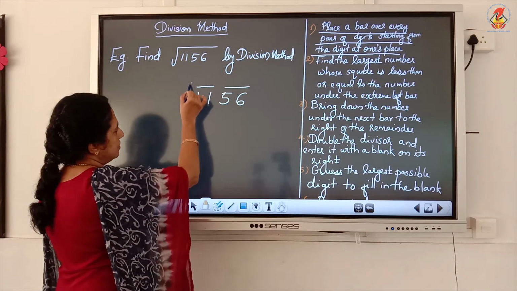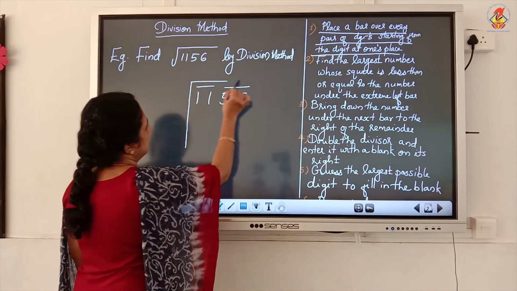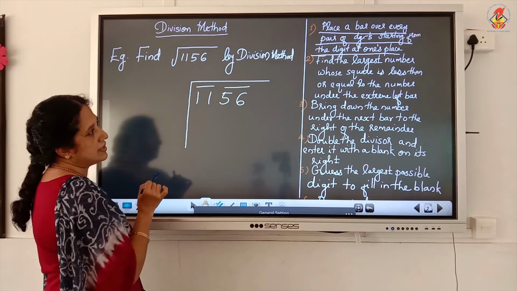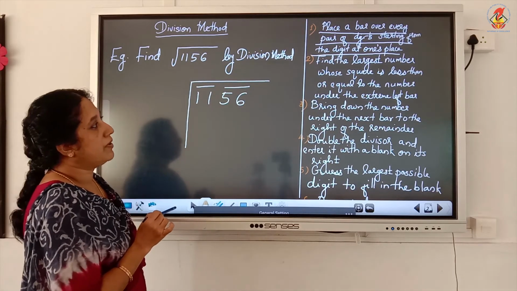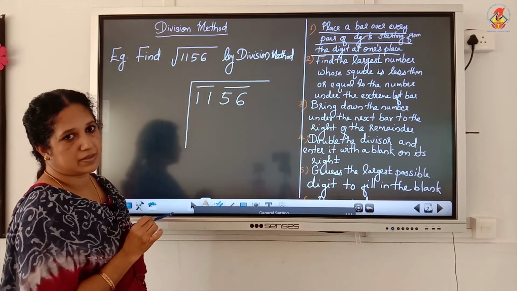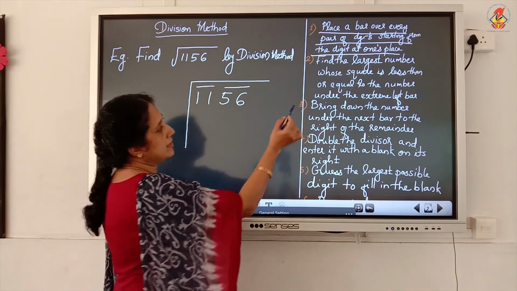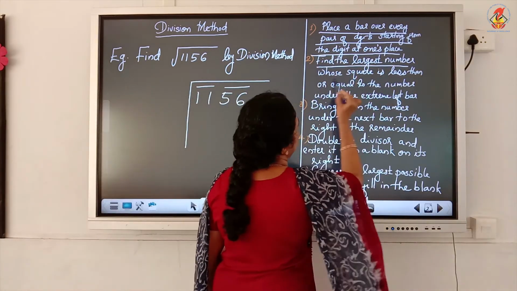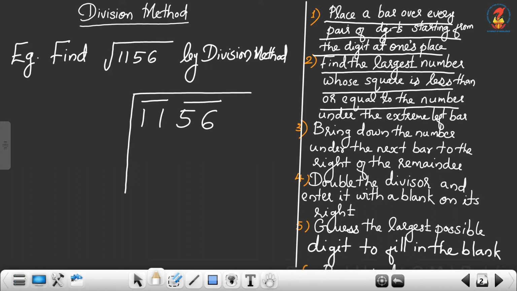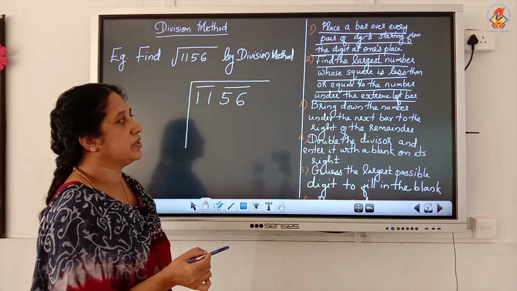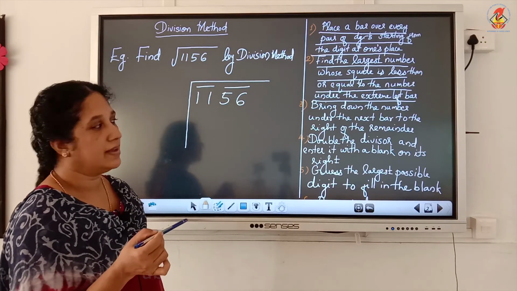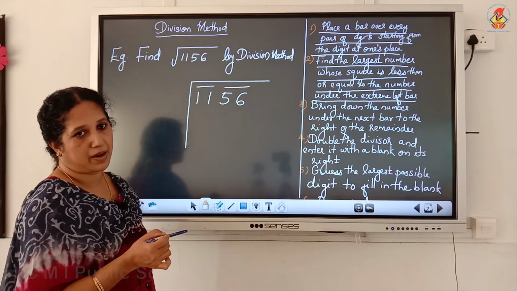Then after that, draw a line like this. Second step, find the largest number whose square is less than or equal to the number under the extreme left bar.